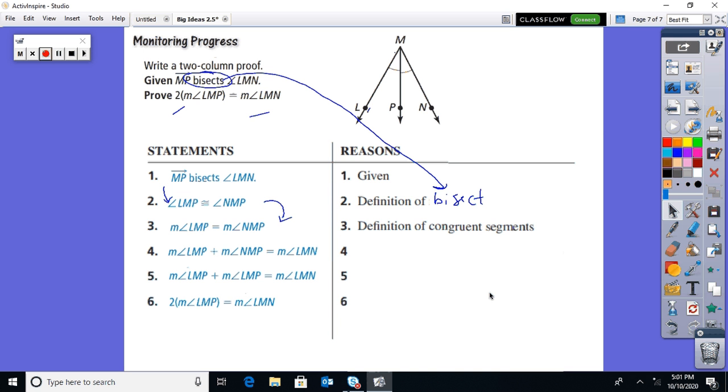And then let's see what happens here. Then they go from LMP to NMP. Oh, that's a nice one. And again, we are taking LMP, this little angle, plus NMP, this little angle, and setting it equal to the whole big thing.